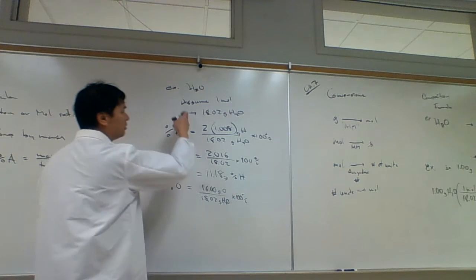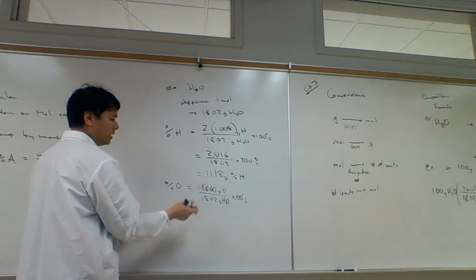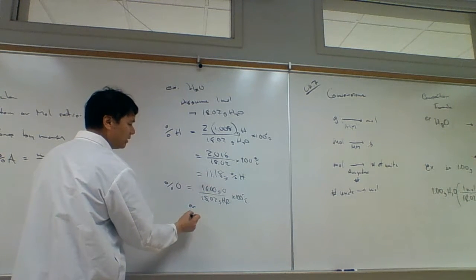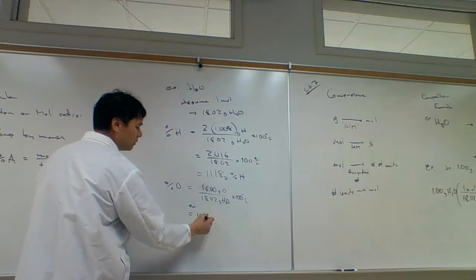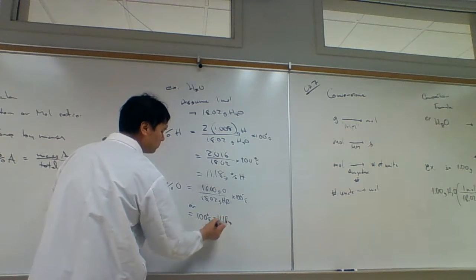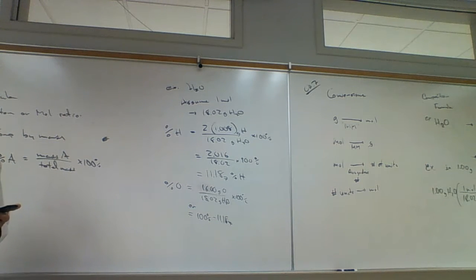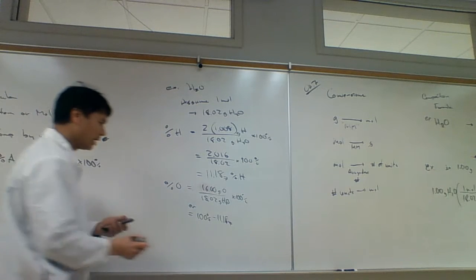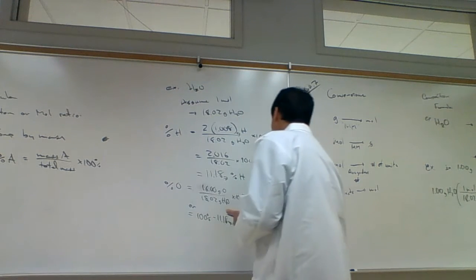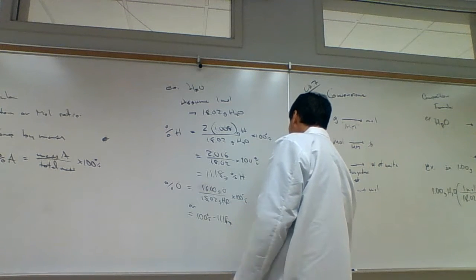But I know that there are only 2 things in here, so if it's 11.187, then the remainder has to be oxygen. So it could be 100% minus 11.187. I'm just going to do that because I already have it in my calculator. It comes to 88.812% oxygen.